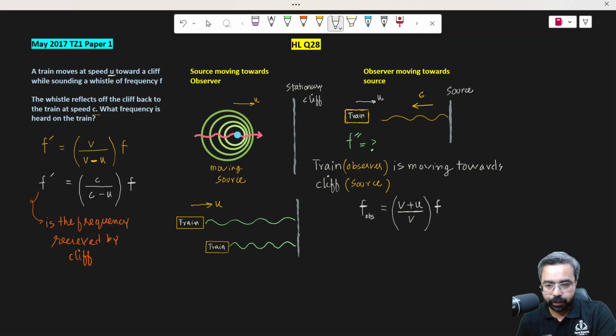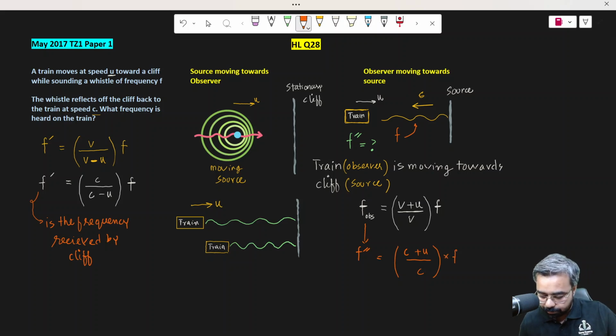Now if we synchronize this equation according to our question, then dear students, this is what we need to calculate. The frequency f double prime, which is received by the train, is equal to v, the speed of the sound, that is c according to the question, plus u, divided by c, into f, the frequency of this sound, which, if you remember, is f prime, which we have seen in the previous case.